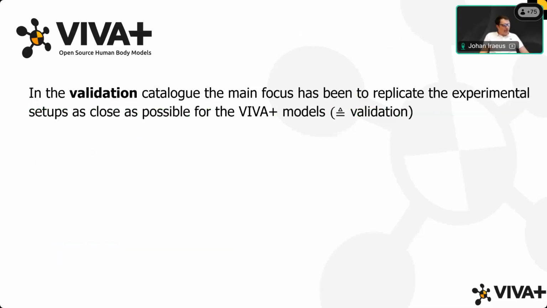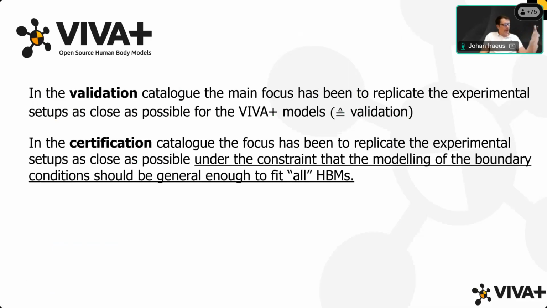So what is the difference then? Well, in the validation catalog, the main focus has been to replicate the experimental setups as close as possible for the VIVA Plus models. And that, according to me at least, is the definition of validation. We try to replicate a real experiment, and we compare the model to that. The certification catalog has a similar idea, that we want to replicate the experimental setup as close as possible.